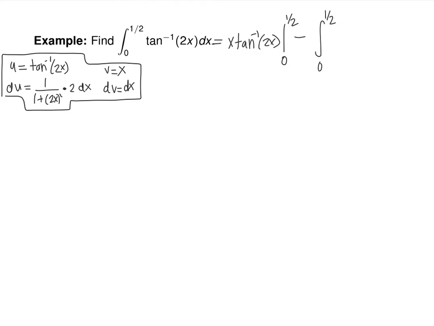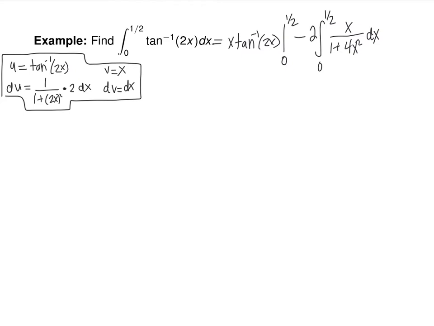And just think ahead a little bit. You multiply v times du, that x and that 2 end up in the numerator. I'm going to actually pull the 2 out, and I'll have x over 1 plus the quantity of 2x squared makes 4x squared dx. So lovely, here we go.